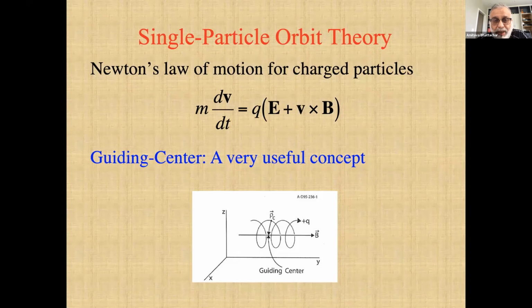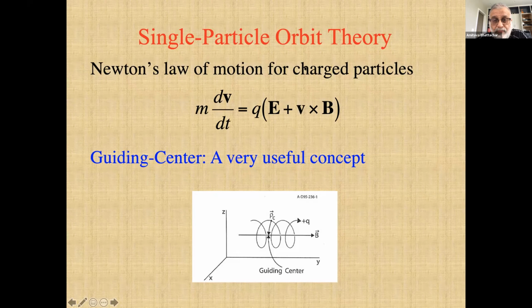So a few things from single particle orbit theory that I expect you know, but perhaps is worth a quick review. This is the Lorentz law, left-hand side, non-relativistic equation of motion, m dv/dt. On the right-hand side, you have the force, which is the charged particle times the electric field plus the Lorentz force.